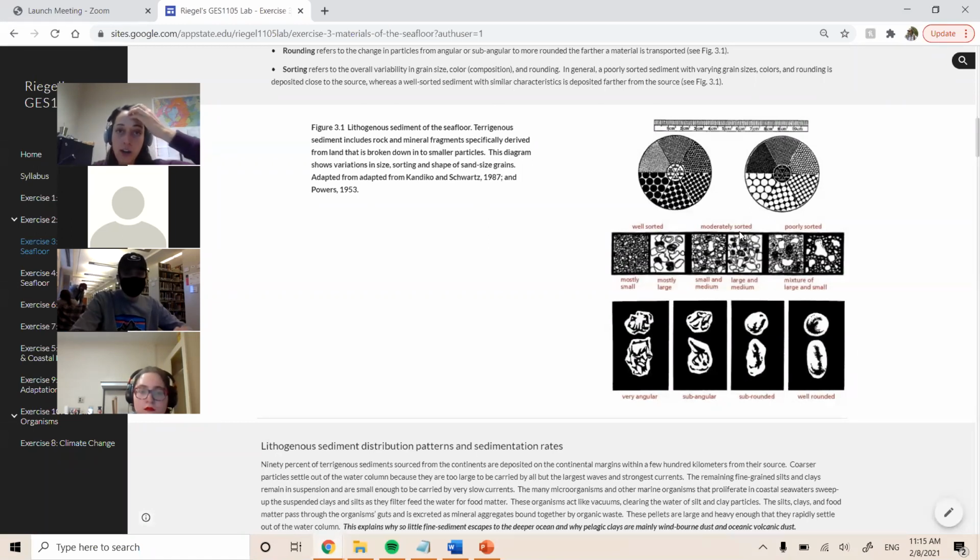Okay, cool. You can also tell from how well or poorly sorted it is. So imagine I put water, mud, and sand in a bucket, and I leave it there for a couple days. What's going to happen to the sand and the mud? Is it going to remain super mixed together?